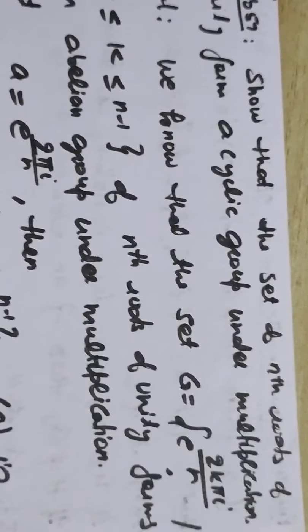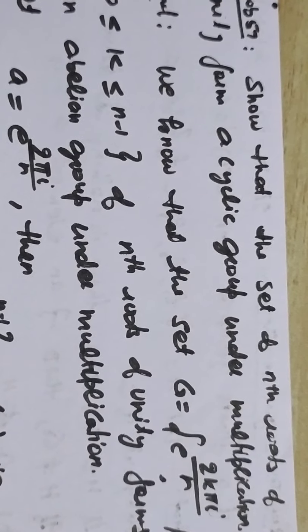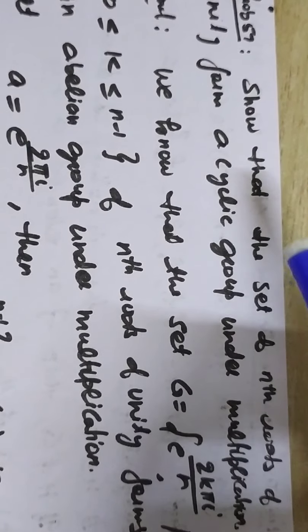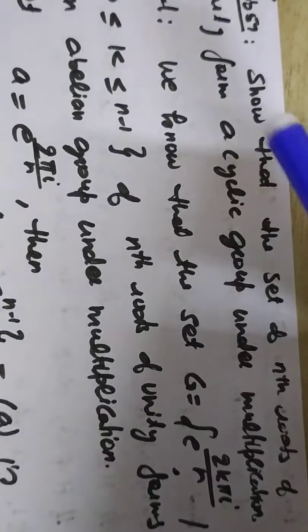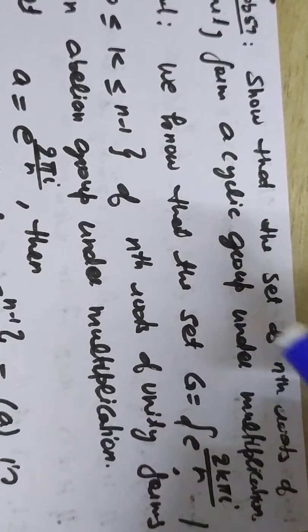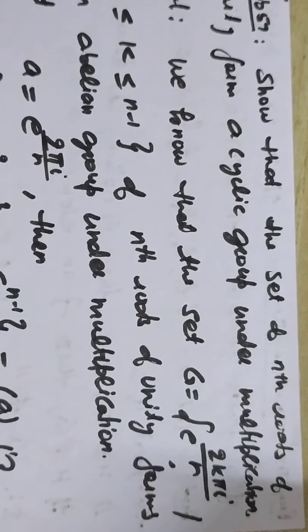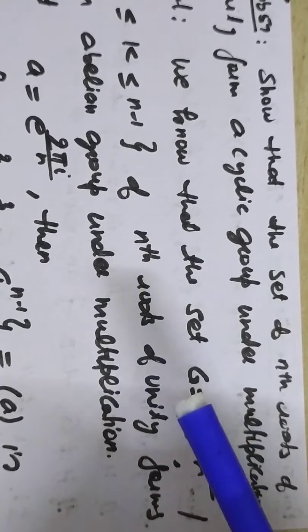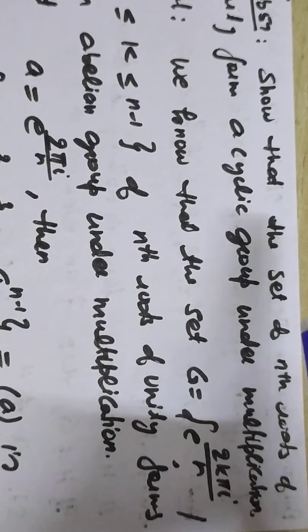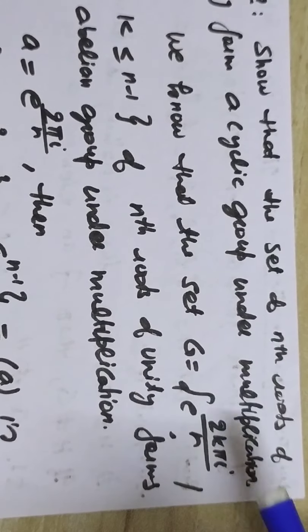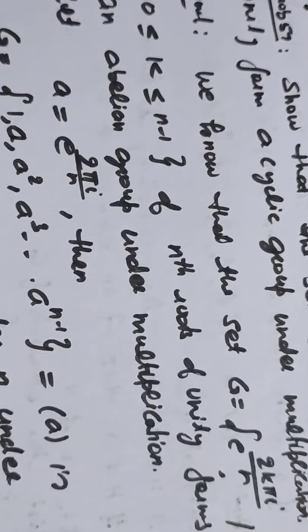So this was an example of a non-cyclic group. Now look at one more example: the set of nth roots of unity. This will form a cyclic group under multiplication. For that I am going to take the set G equal to e raised to 2k pi iota over n, where k lies between 0 and n minus 1.